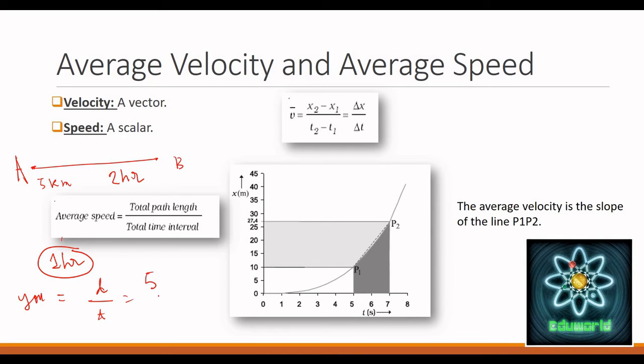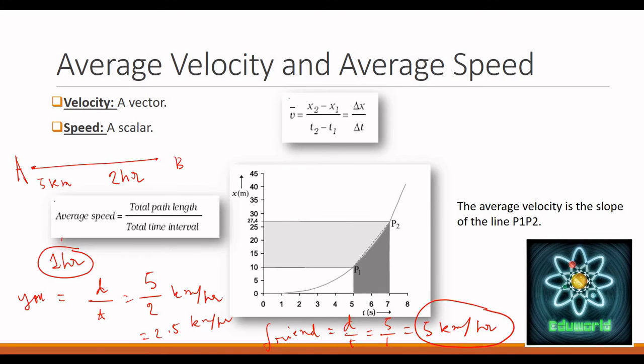The distance is 5 and you took 2 hours, so that is 5 by 2 km per hour, that is 2.5 km per hour. Your friend took only 1 hour, so that will be d by t is equal to 5 by 1, which is 5 km per hour. So you can see that your friend was faster and he has a higher magnitude.